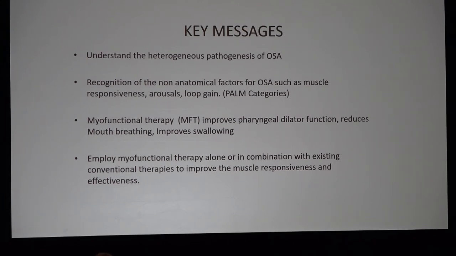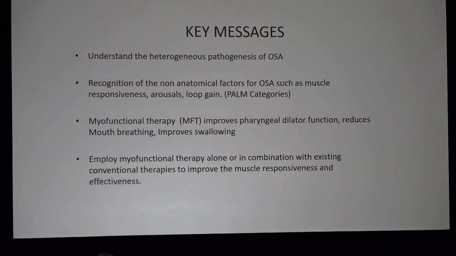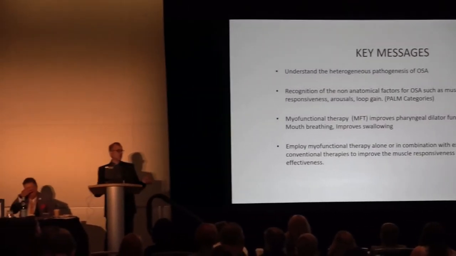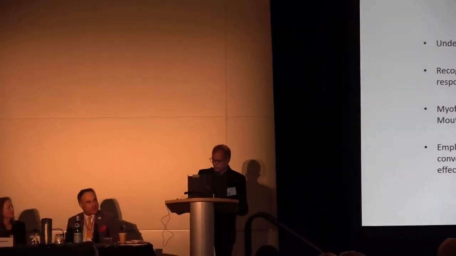So employ myofunctional therapy alone when it is class 3, when they have only mild OSA, when muscle gain is less, muscle responsiveness is less, or in combination when it exists with a low arousal threshold, upper airway distance like that.